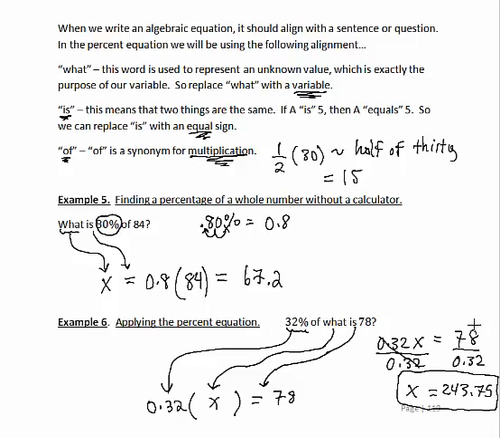You could end up having to divide a number by the decimal version of the percentage. And once again, we never use the percent form. We always convert it to a decimal whenever we're dealing with mathematical operations.